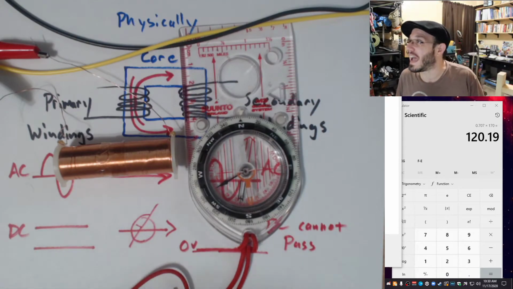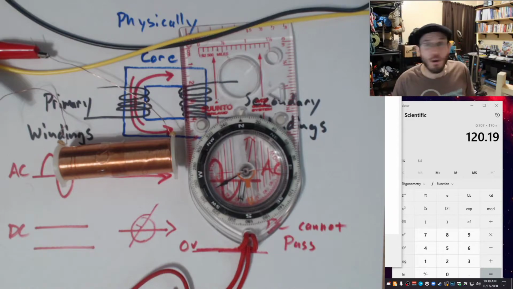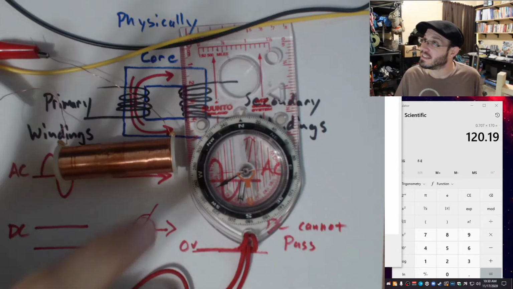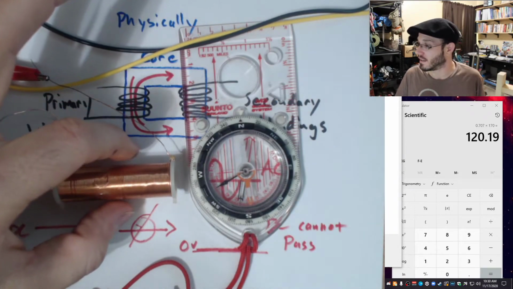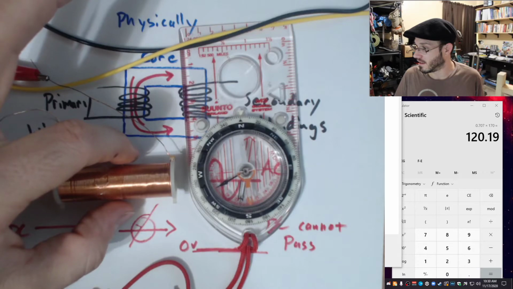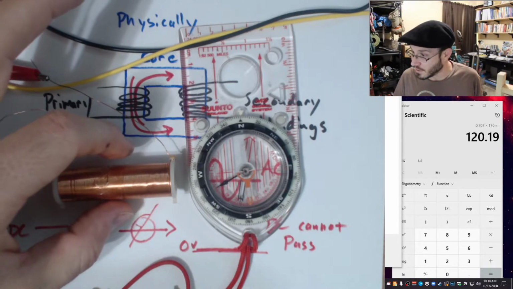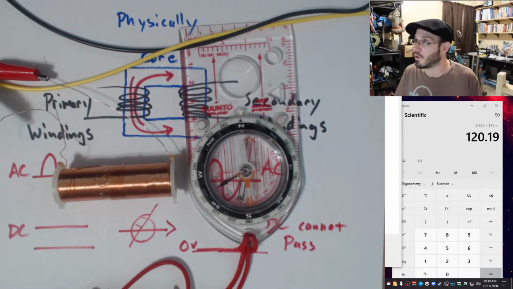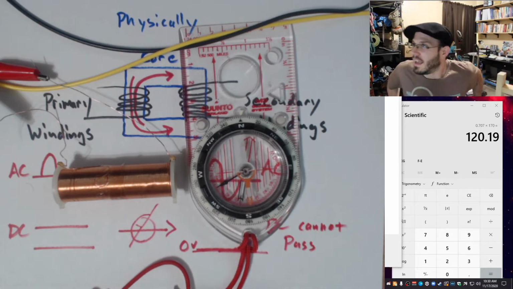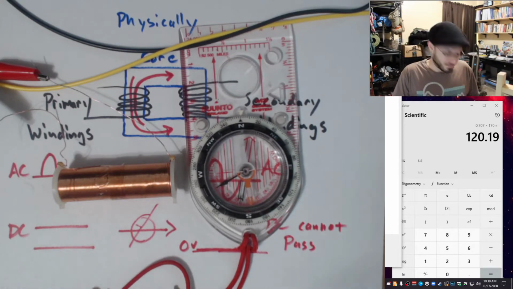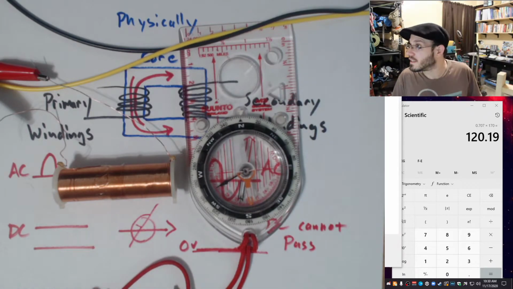See that? Okay, so I'm applying right now a 1 hertz signal to this. And you can see that because the magnetic field is changing, absolutely, an inductor is nothing more than just a coil of wire. And it does look like this compass is wobbling at a rate of 1 hertz.